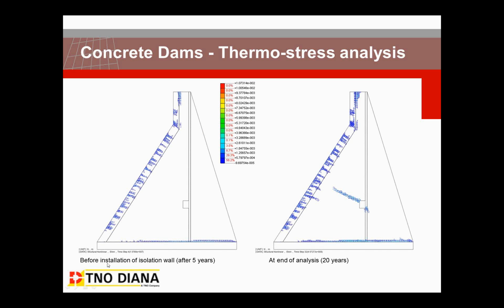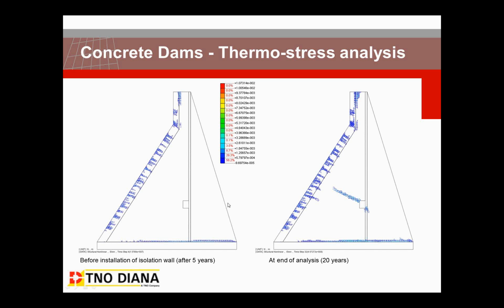So we have done a transient analysis in which we looked at the behavior over a period of 20 years. First, already after a few years, cracks were noticed in the dam, which we could reproduce very nicely with the analysis. At that time, after 5 years, an isolation wall was constructed on this location, just to protect the dam from these temperature changes.